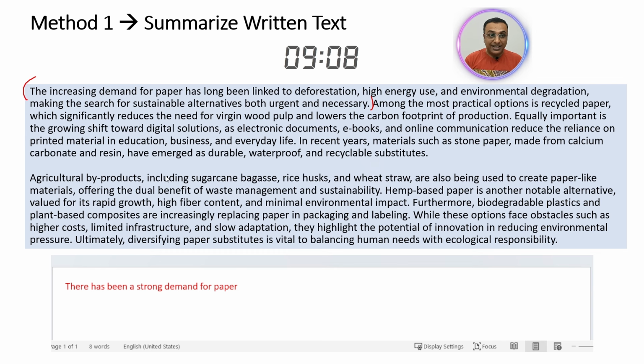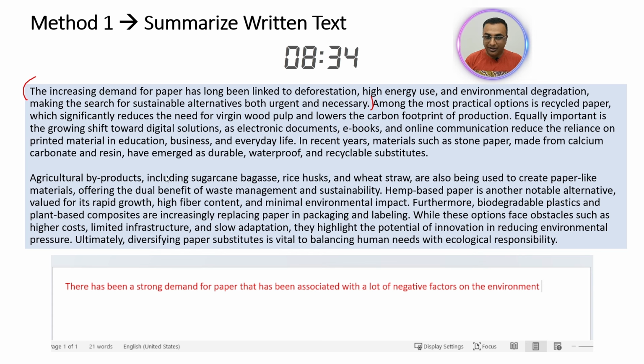Okay, instead of increasing demand for paper, I've written there has been a strong demand for paper that has been, instead of linked, I would be writing associated, associated with a lot of negative factors on the environment.